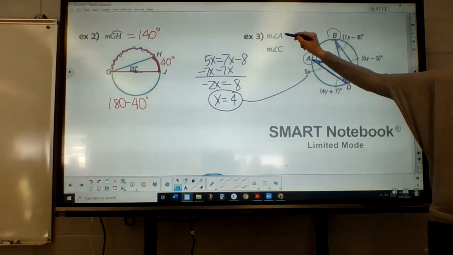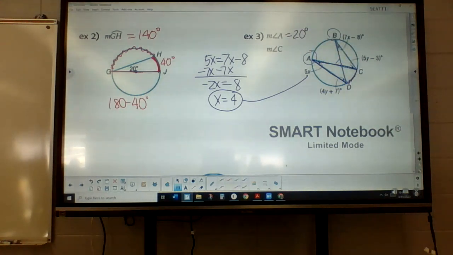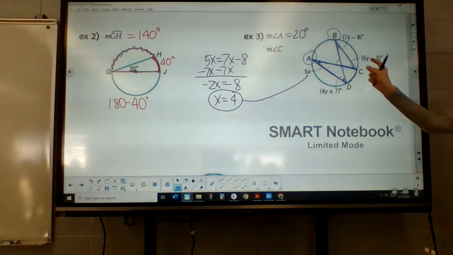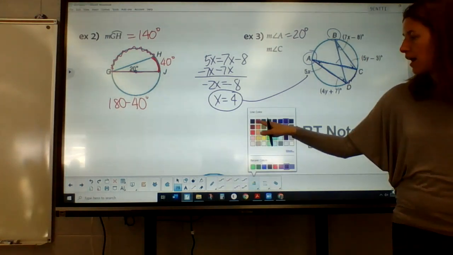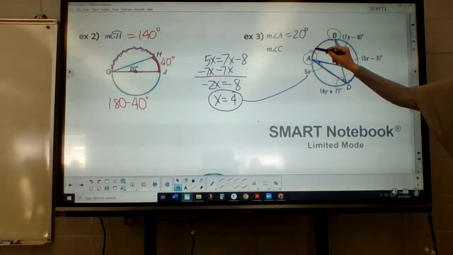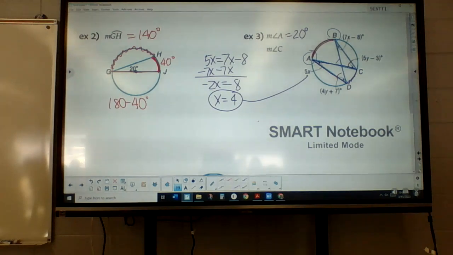So 5 times 4 is going to be 20 degrees. But the same thing goes for the other side. If you look at the other side, those y angles are both going up against that same arc over here. So this arc is formed by these two angles. So those two angles also have to be equal.